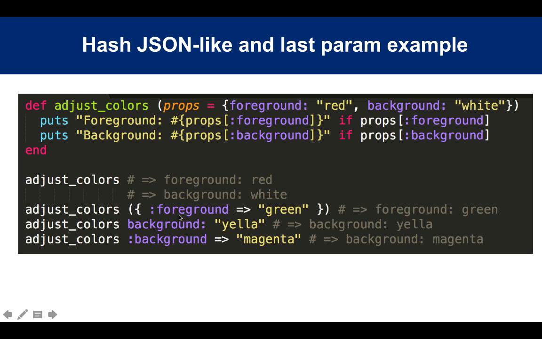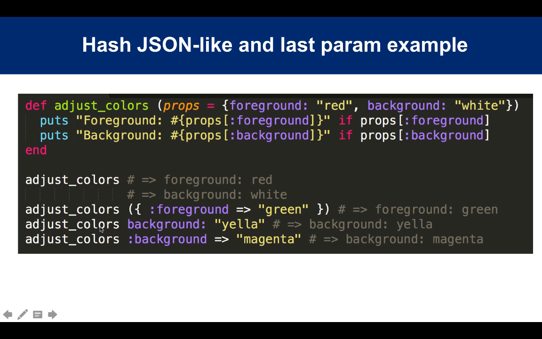Now you could also pass in a hash of foreground green. So even if you're using a symbol, you could use the arrow for creating your hash. But of course, to me at least, the more logical way is to create it using the foreground colon as opposed to doing it colon foreground and then the arrow value.